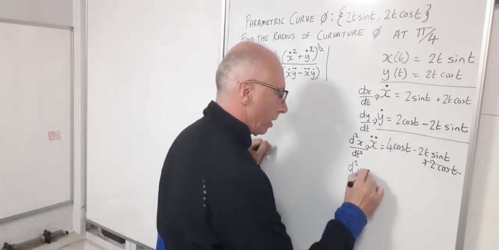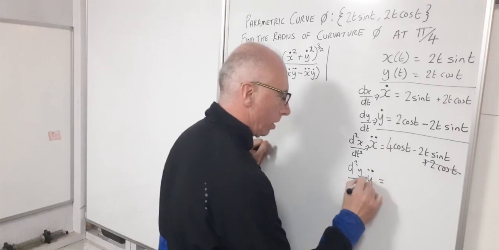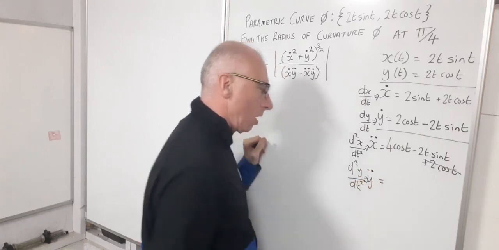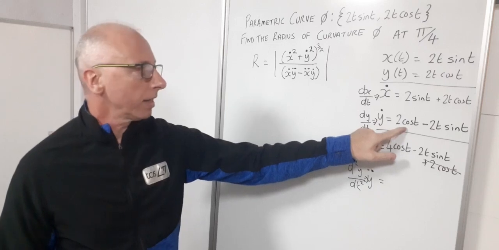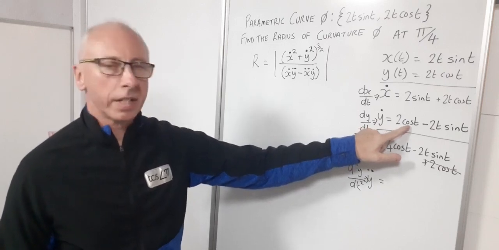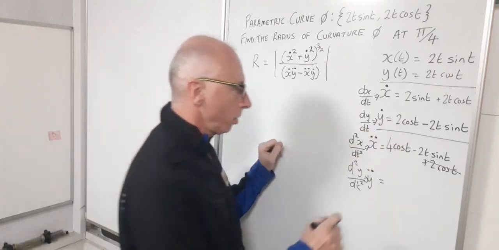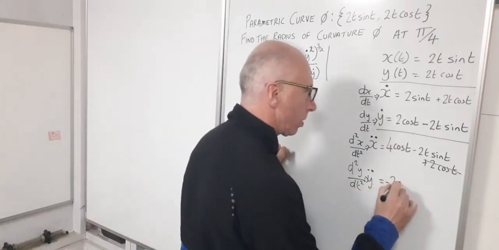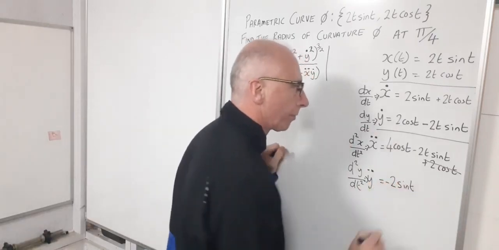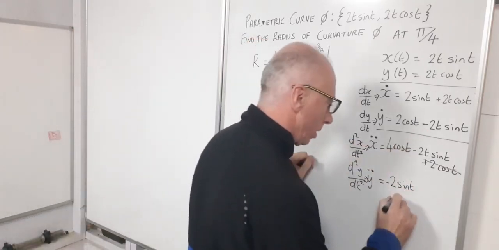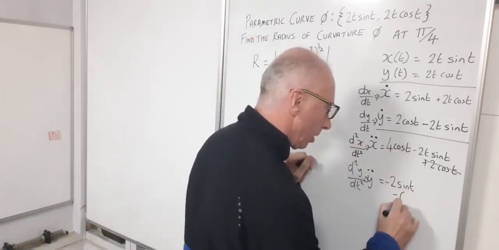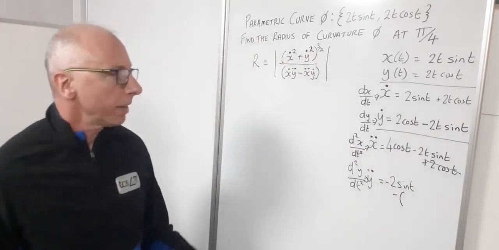So y double dot equals 2 cosine t, derivative of that, well that's just derivative of cosine is negative sine, so that's minus 2 sine t. And then we're going to need to subtract, so I'm going to put that on this line here, just so as everything's behind the minus sign.